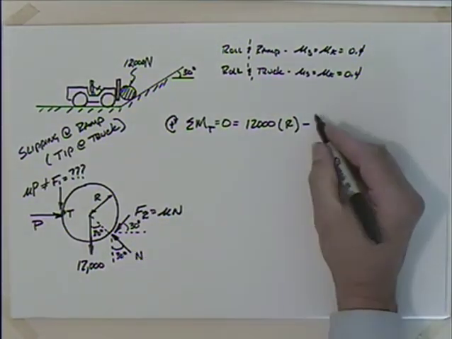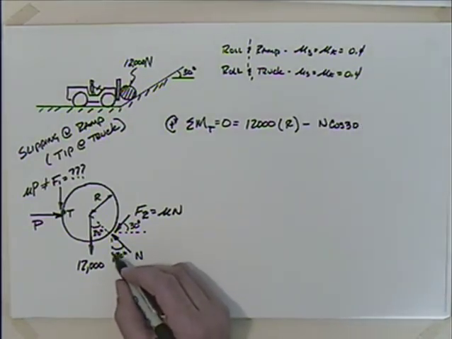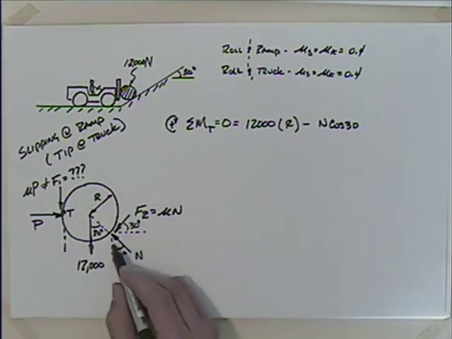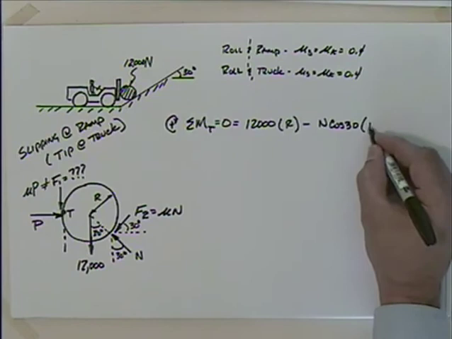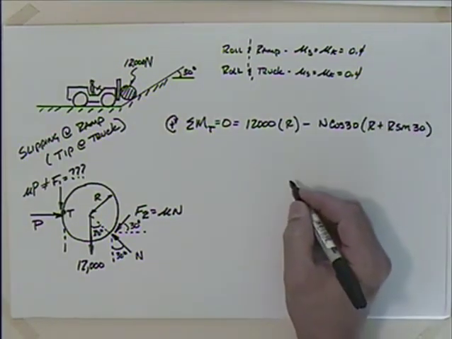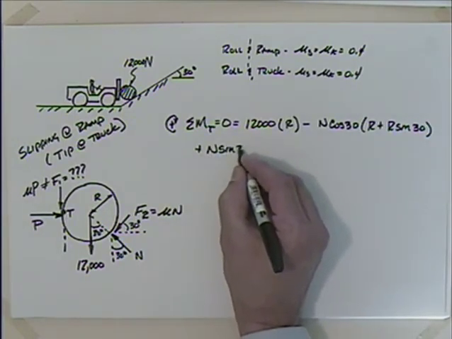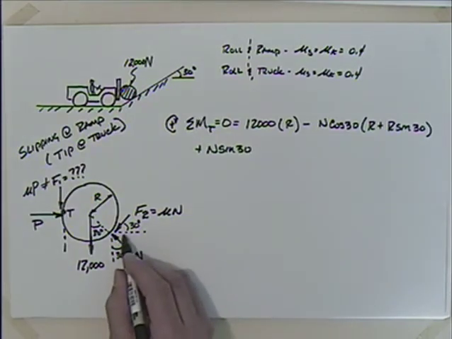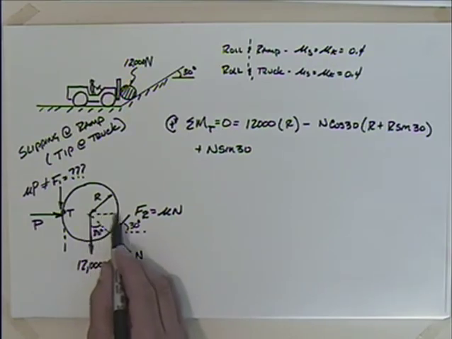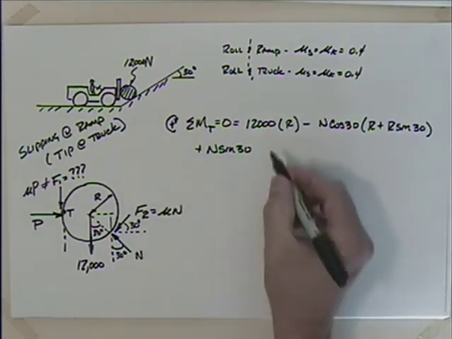I'm going to have N times the cosine of 30, that's that vertical piece there, and that's going to be acting through the distance from here over to there, so that's R plus R sine 30. And then I have to add to that N times the sine of 30, that's the horizontal piece, and that's going to be acting through just this distance in here, isn't it? So that's going to be R cosine 30.